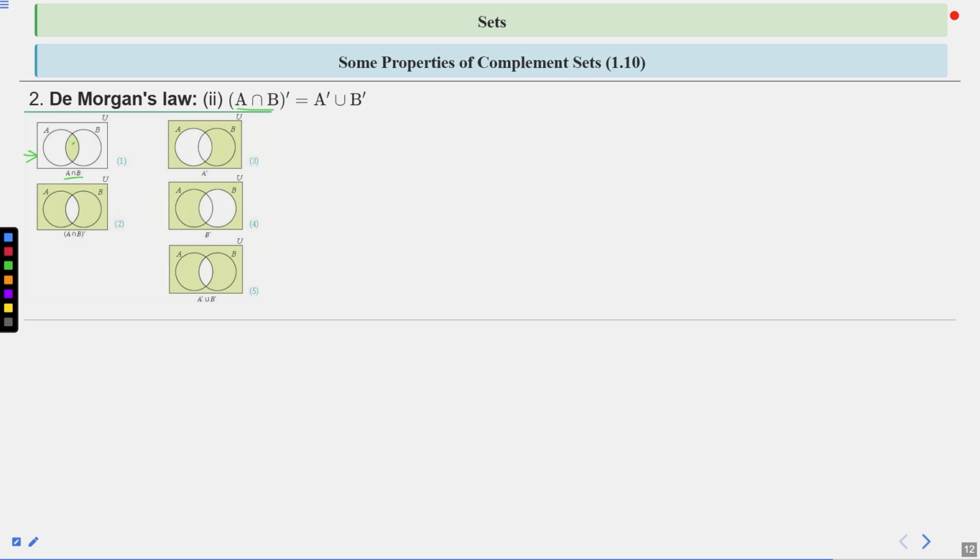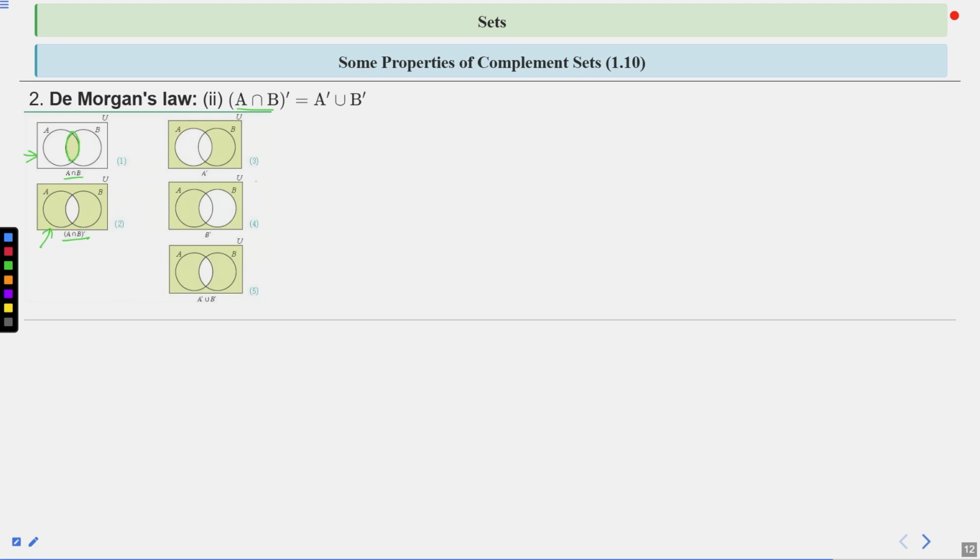So far so good. Now what about its complement? Simple. Complement means you have to shade the area outside or apart from this shaded area but inside the rectangle. And we get this as our new shaded part, represented as A intersection B whole complement.